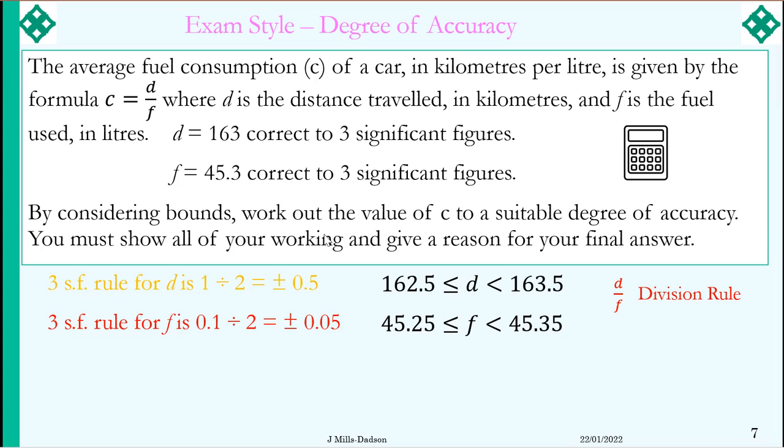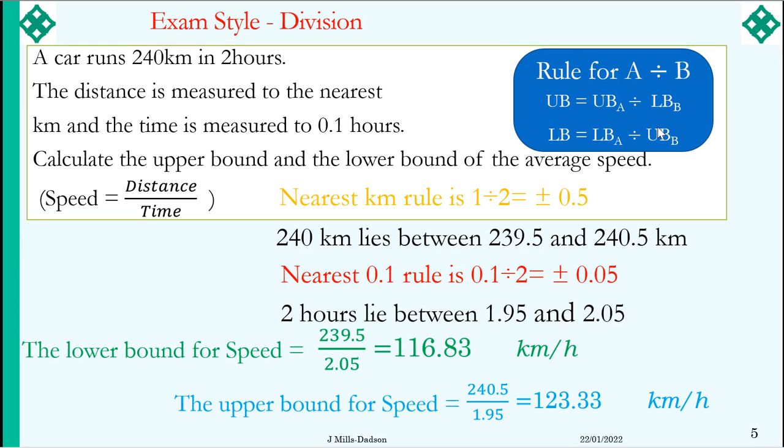In case you've forgotten, let me take you back to the division rule. So this is the division rule. To get the biggest, take the biggest of the numerator divided by the smallest of the denominator. To get the lower bound, the smallest of the numerator divided by the biggest of the denominator.